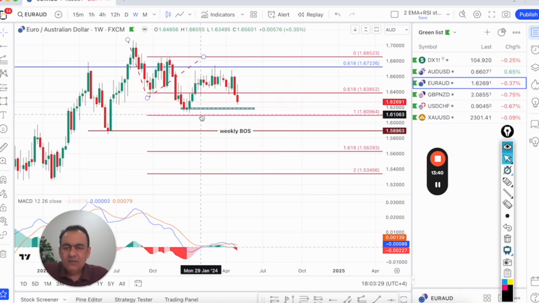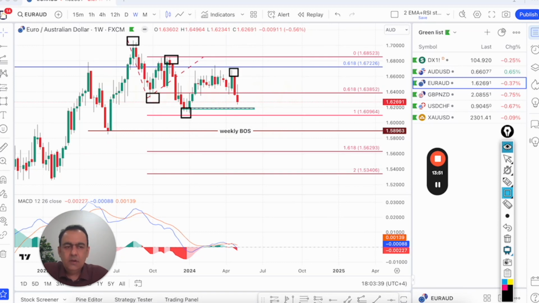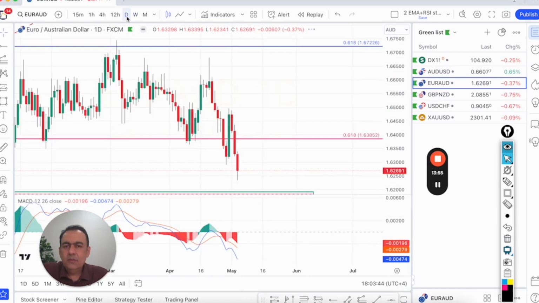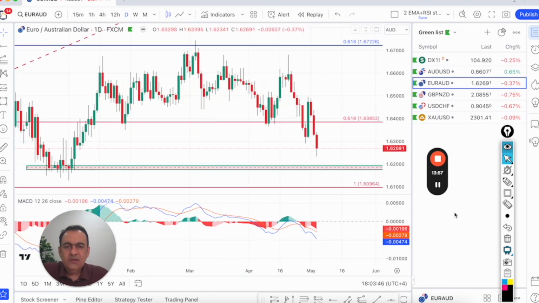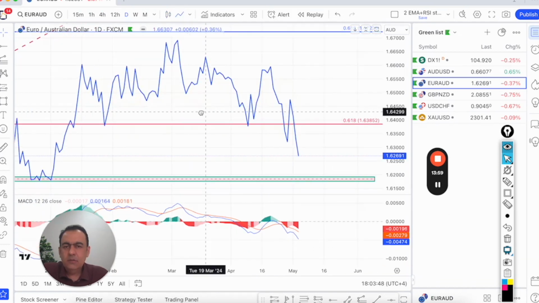So everything remains bearish on the weekly time frame. The instrument is continuously printing lower highs and a sequence of lower lows. Now let's move to daily chart. Based on the daily chart, I'll turn it into a line chart.